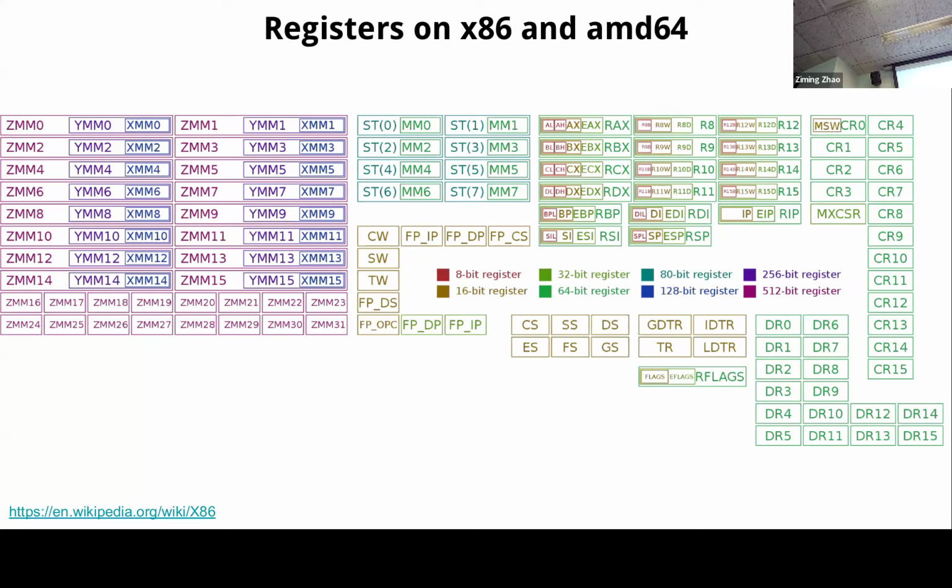Then we also have some new registers, R8, R9 to R15. Those are new registers. They didn't exist for the 32-bit version, but they are new in the 64-bit version. So in the 64-bit version of the CPU, not only are the registers bigger, there are more general purpose registers.